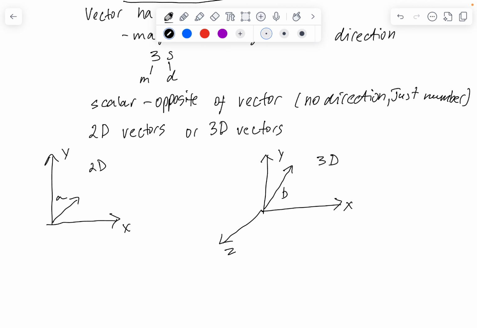We also can have vectors in 4D and like 60D, and it goes all the way to infinity. But usually we do not use anything more than 3D because it's hard to visualize it.